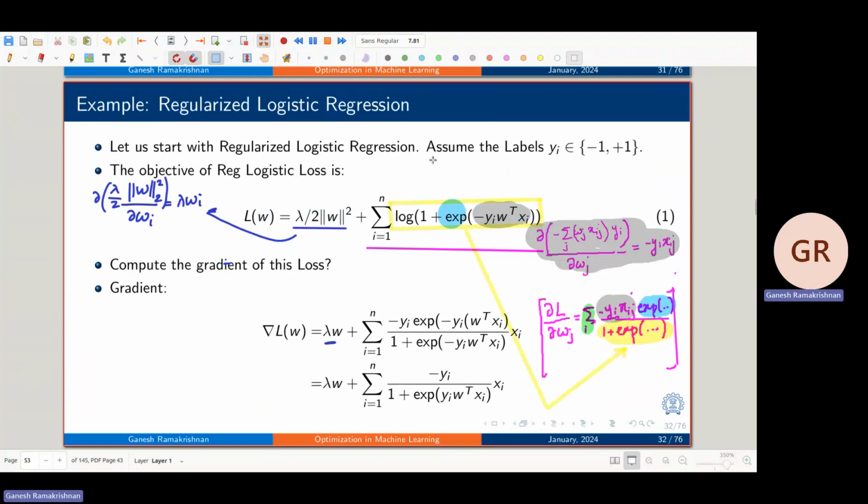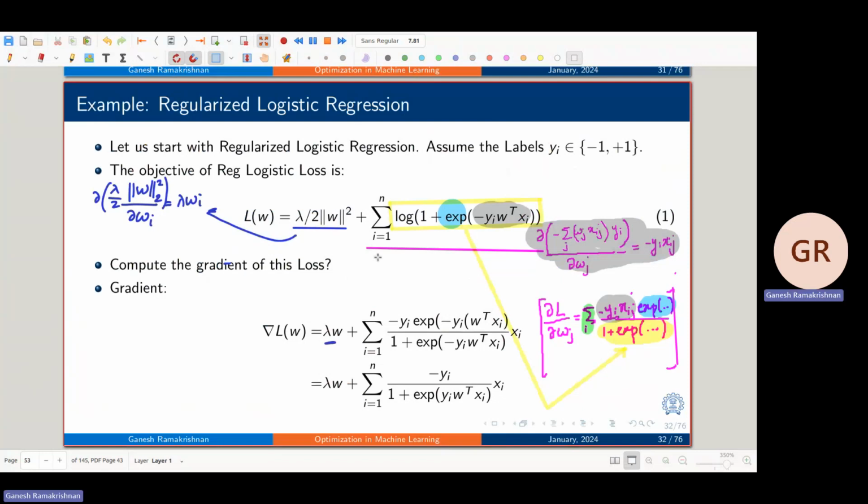Okay, so this is what we have done. We have just written exp of minus y_i w transpose x_i. This part in gray is where I've expanded what this looks like. Now if you were to take a gradient, what is our goal? Our goal is to compute the gradient of this loss function. How do you compute the gradient of a log of an exp?